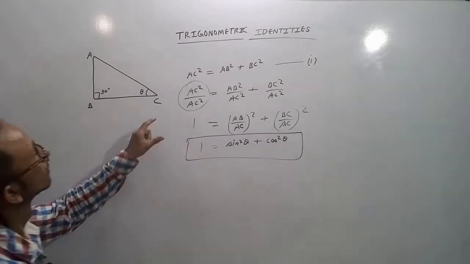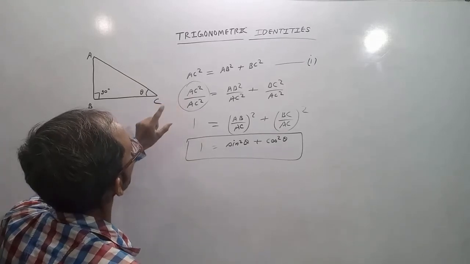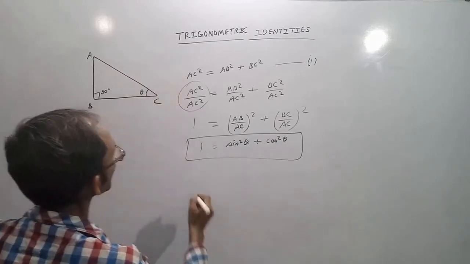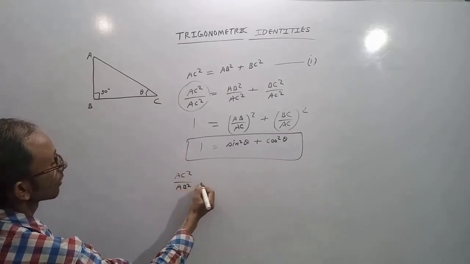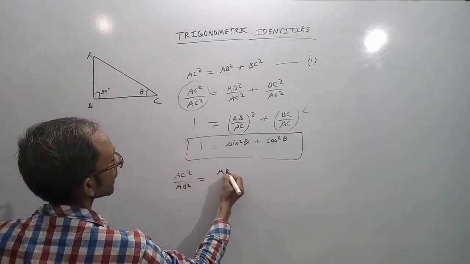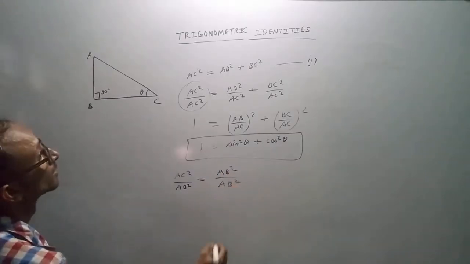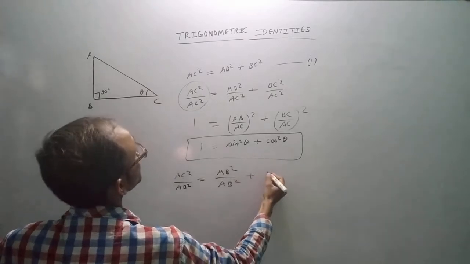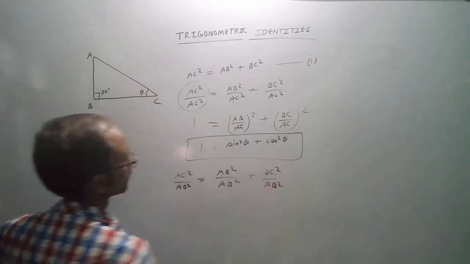Now, if we divide by AB square instead of AC square, then equation first would be AC square upon AB square is equal to AB square upon AB square, right? Plus BC square upon AB square, right?